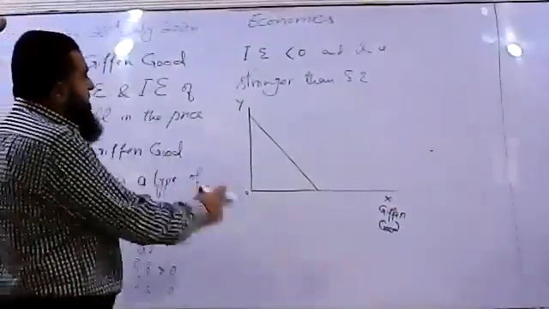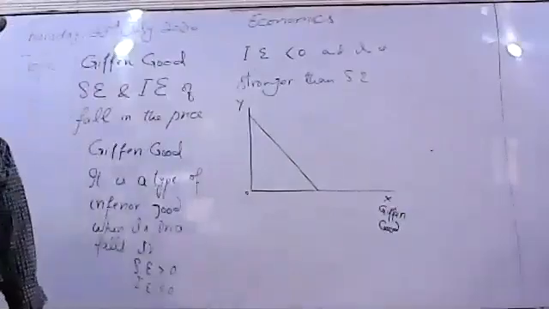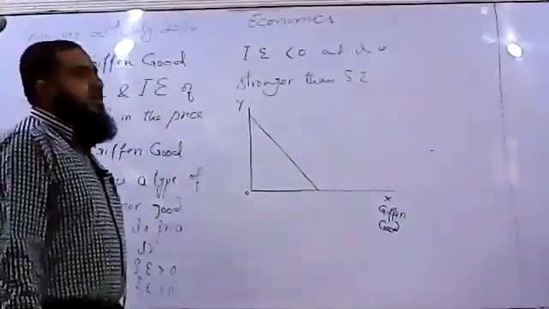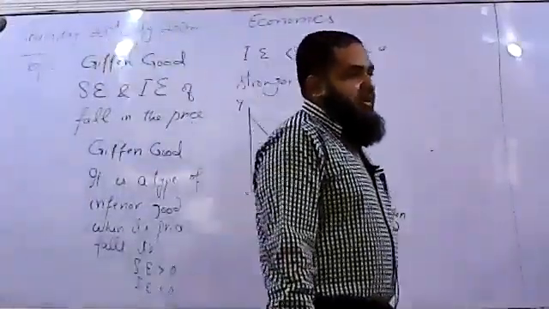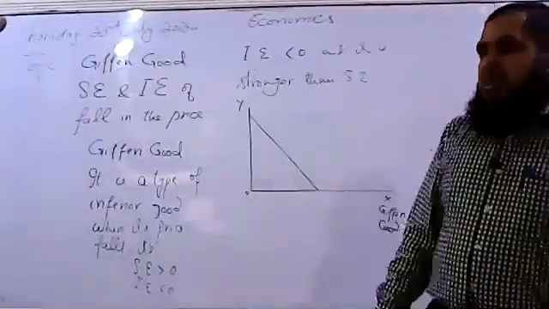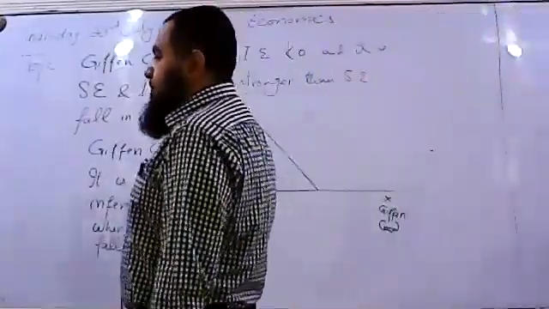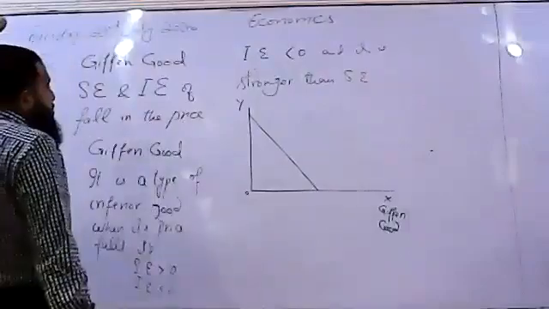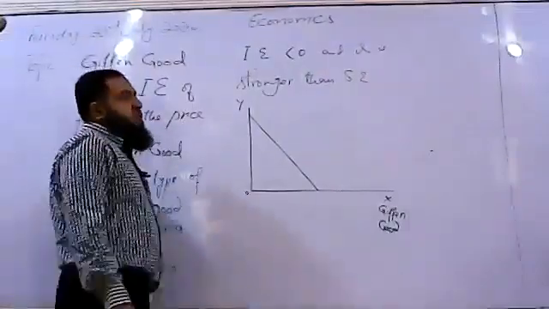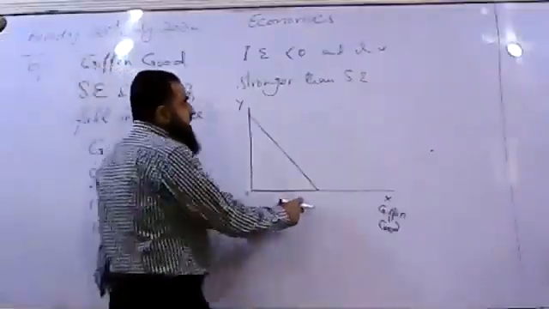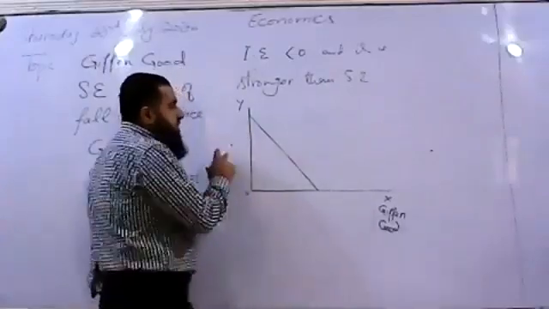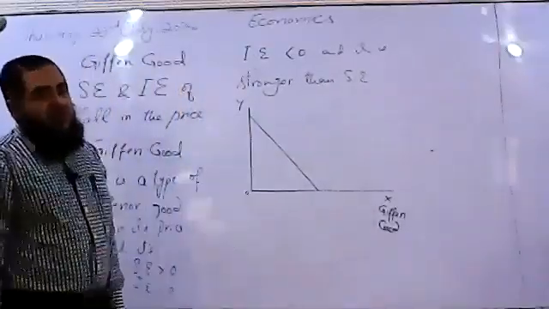He can consume anywhere. So the budget line, I told you many times, tells us the affordability of the consumer within his income, how much of both goods he could afford. This is shown by the budget line, which is downward sloping. If the consumer increases the consumption of X, he has to decrease Y along this budget line.